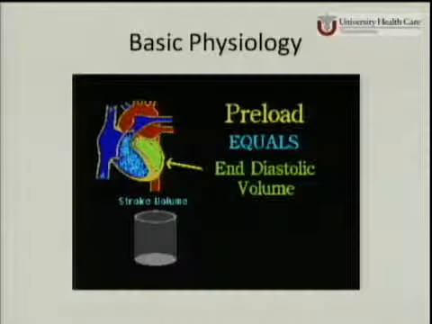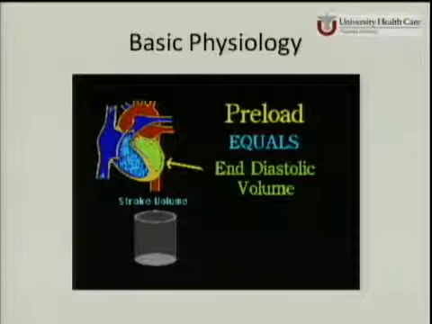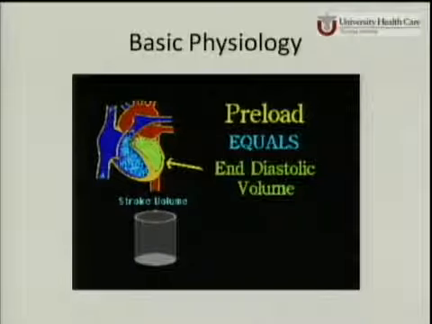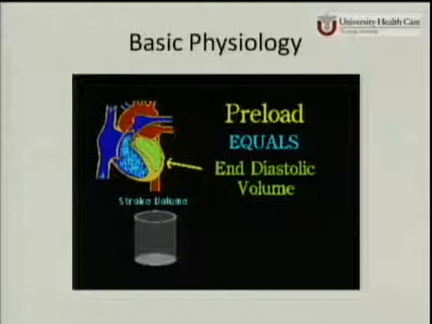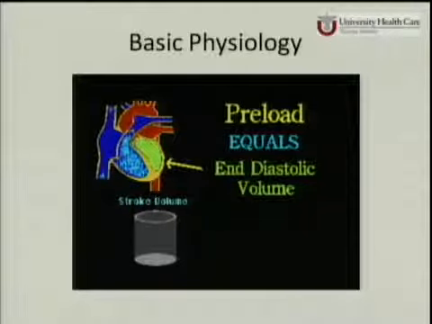So preload is basically the volume of blood that is returning to the heart, or we could also say it's the end diastolic volume or the amount of blood in the left ventricle right before systole occurs. This is important because if we don't have any preload, then we're not pumping any blood. So we've got to get the blood back to the heart in order to oxygenate it and then get it back out to the body.